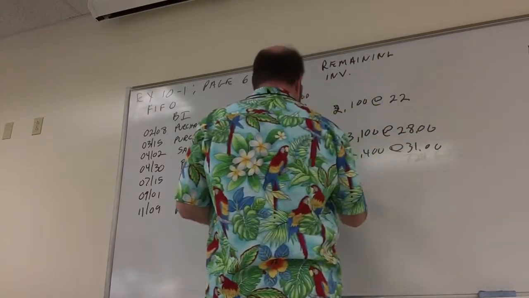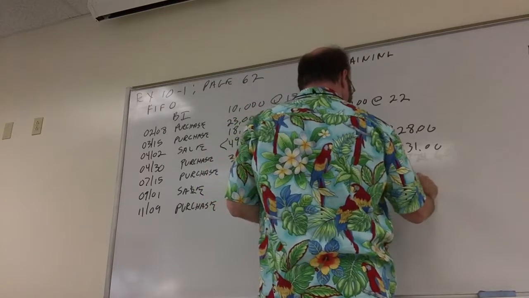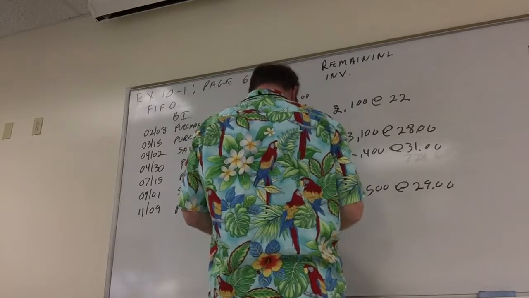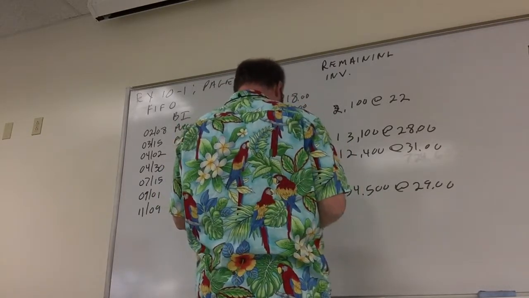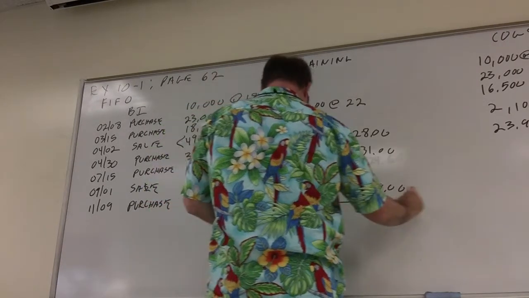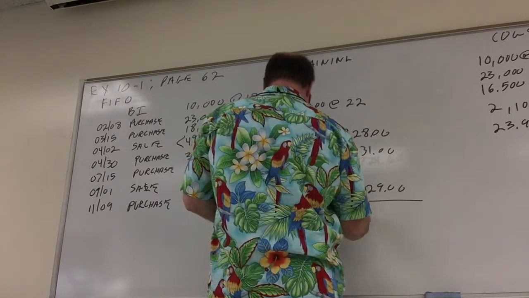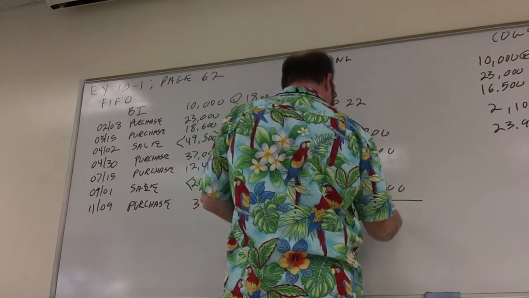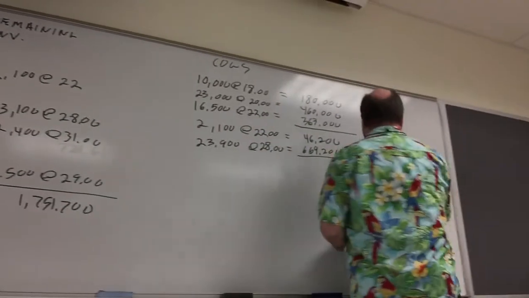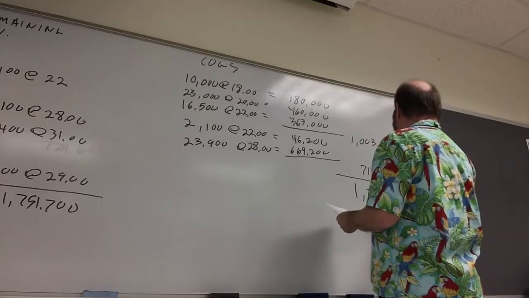And then we buy this 34,500 at 29. So total ending inventory is going to be $1,751,700. And total cost of goods is going to be $1,718,400.